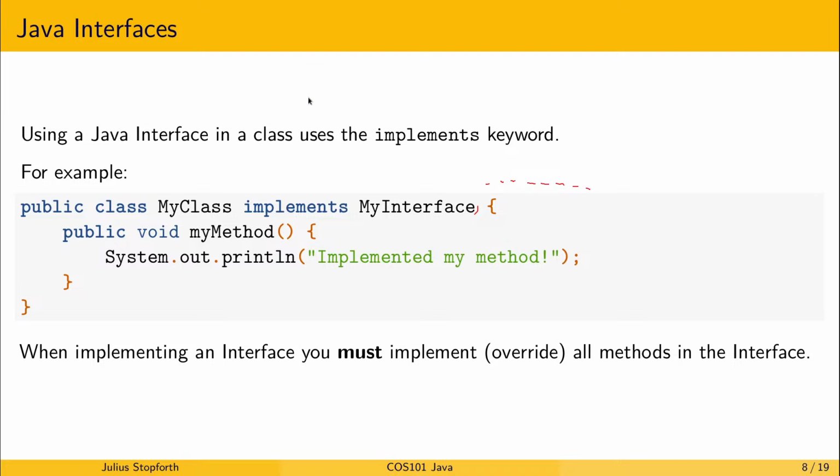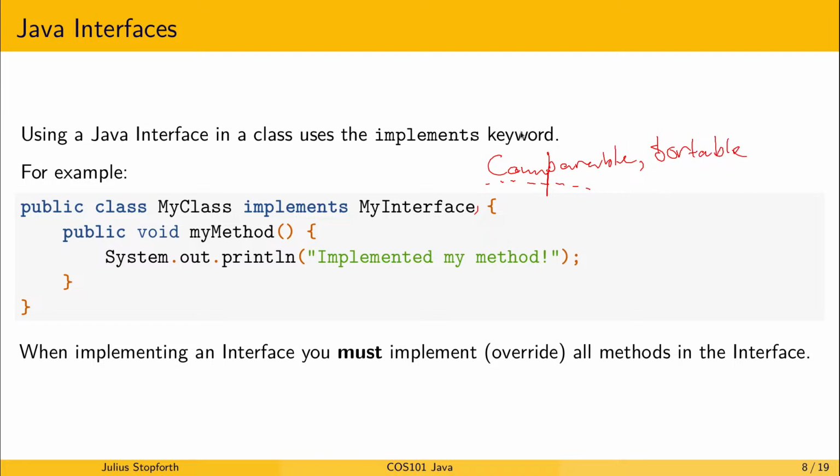So we'll say my class implements my interface, the comparable interface, the toString or whatever, the sortable or whatever, right?